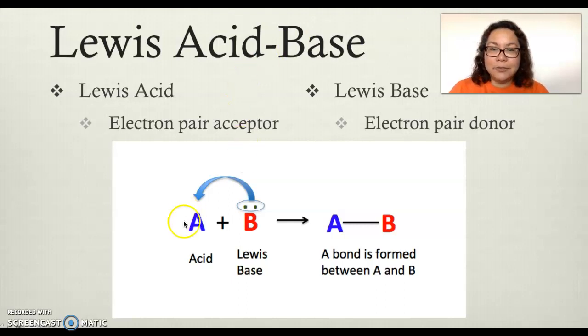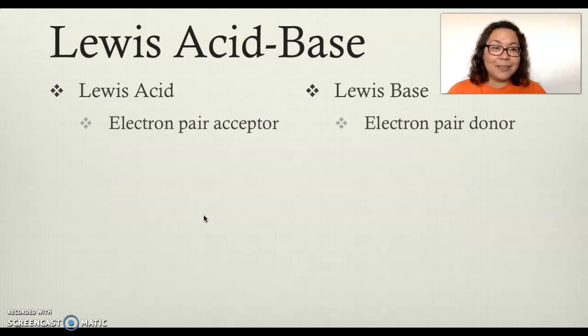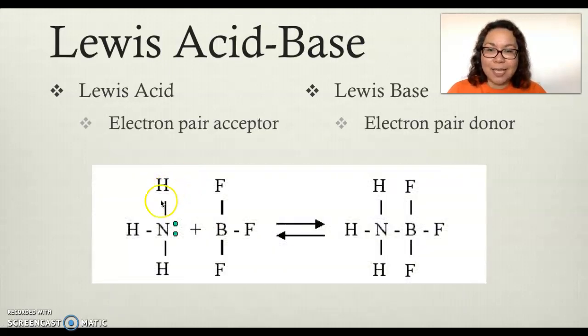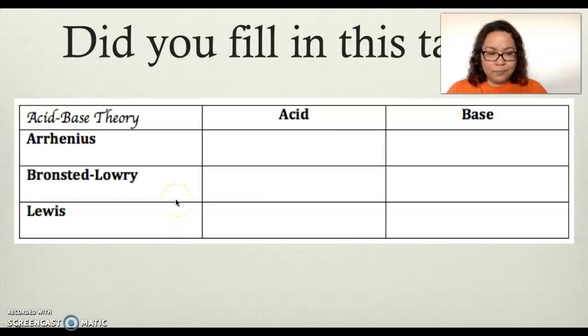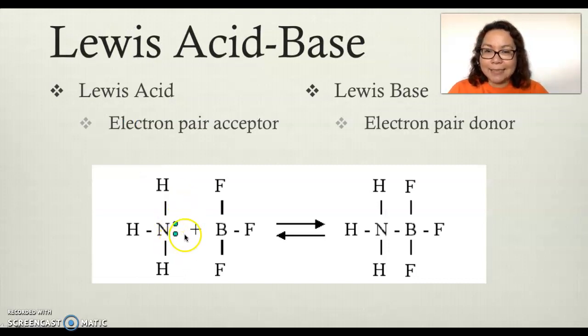And here is a generic example. We've got the Lewis base with the electron pairs giving away those electron pairs. The ones that accept those electron pairs are the acids. Now, can you guess which is which for this one in the reactants? Well, this one has the electron pair, and later on it ends up as this compound here.